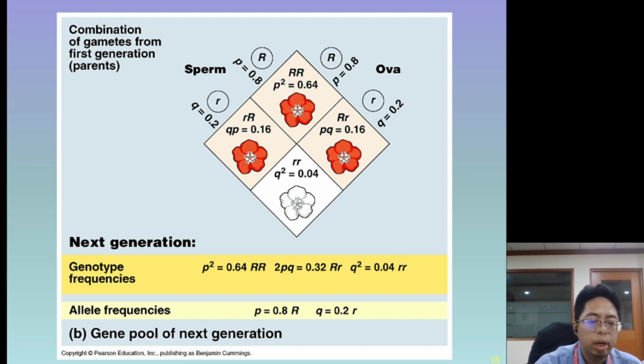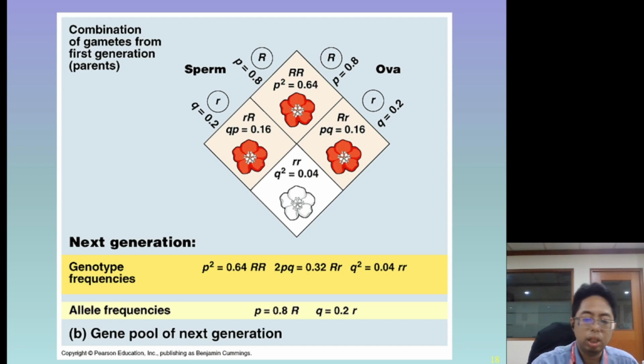According to this Punnett square, the big R is 0.8, the small r is 0.2. If there are two big R's together, 0.8 times 0.8 is 0.64. If the big R and small r mated together, you get 0.16 plus 0.16, which is 0.32. And 0.2 times 0.2 is 0.04.